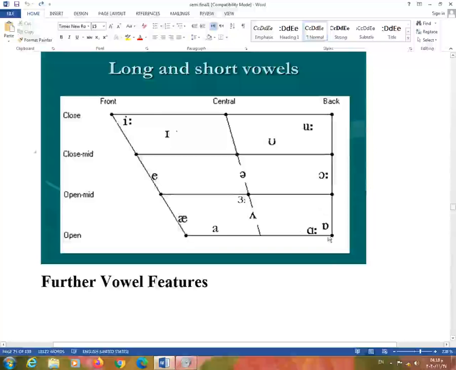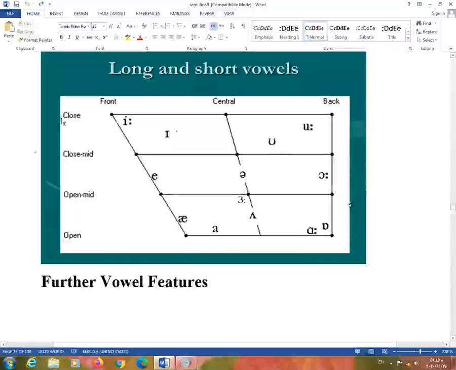And then we go back to the chart. We have a vowel that, as you see, is back and open, and we have O, which is mid-close, mid-open, and back. And then we have O, which is close back.